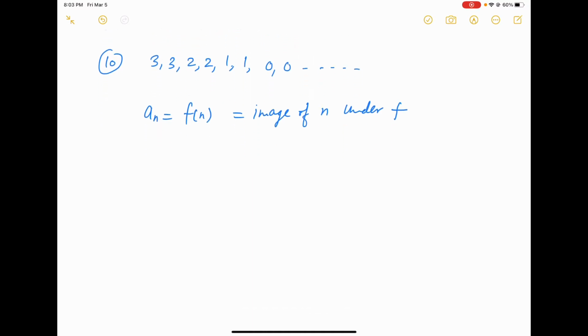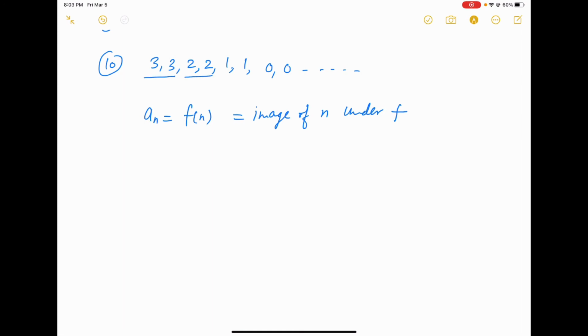It is not necessary that all the terms of a sequence are distinct. For example, in this sequence, the first two elements are same, next two elements are same, then 1 1 is same. So it is not necessary that a sequence has all distinct elements.